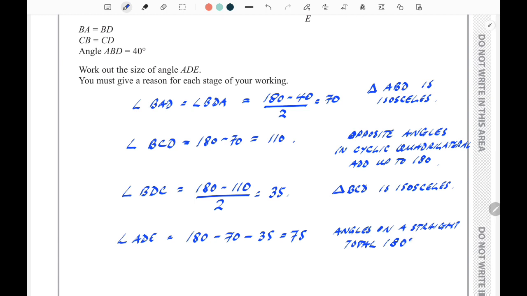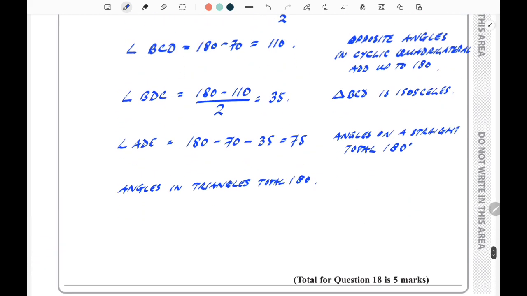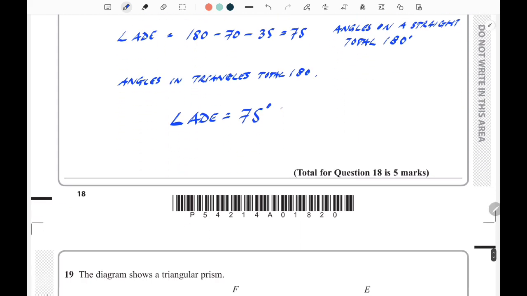And you could write somewhere here, if you wanted, angles in triangle total 180 as well. So your final answer is 75. So angle ADE equals 75 degrees with the full explanations.